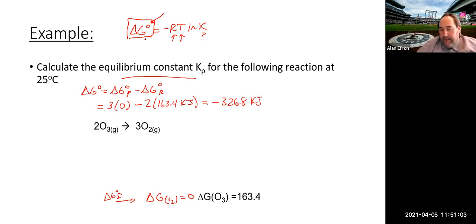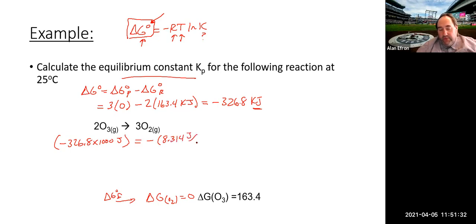And again, we did this because now that will give us the missing piece that we need to solve for K. So a couple things we want to think about is, again, units. So I'm going to go minus 326.8 times 1,000 to convert those kilojoules into joules. The reason I want to do that is because of my R value here.